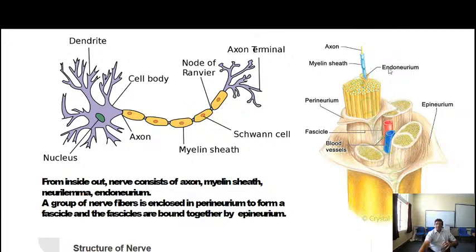The endoneurium is the one which maintains the nutrition for these nerves, and you have these blood vessels which supply the nerve.